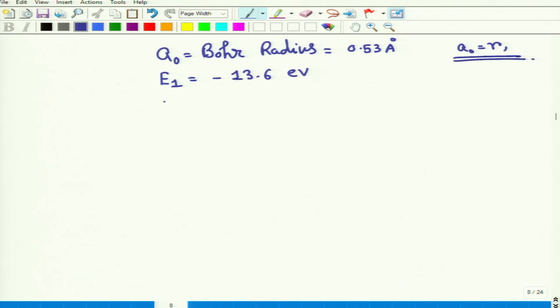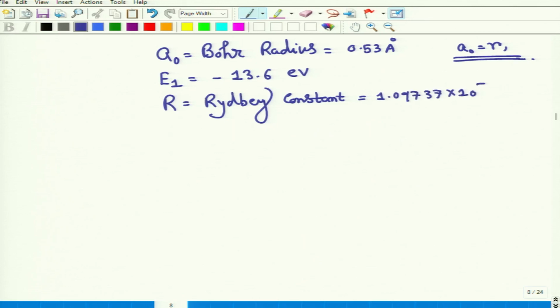E1, and another one is R, the Rydberg constant, and the value is given. So these three things are important and good to remember.